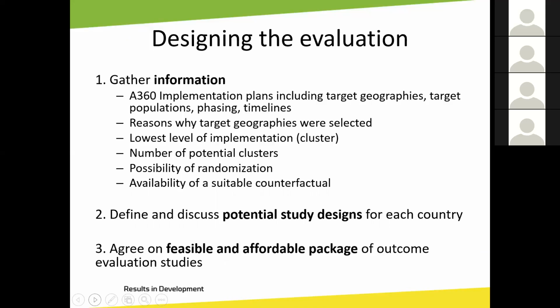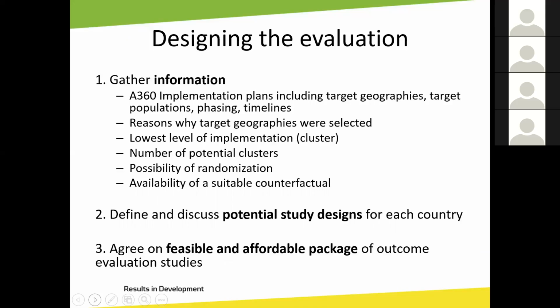Once all that information has been gathered, what we will then do is define and discuss potential study designs for each country. So it's likely that each country will have a slightly different situation, so study designs will be slightly different.